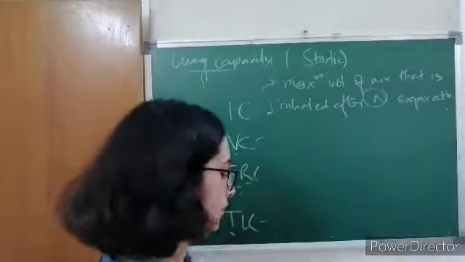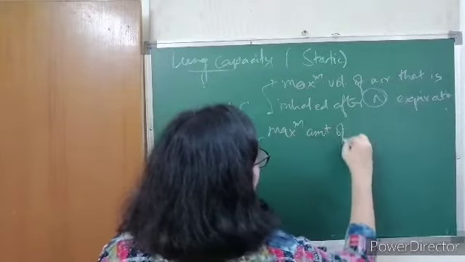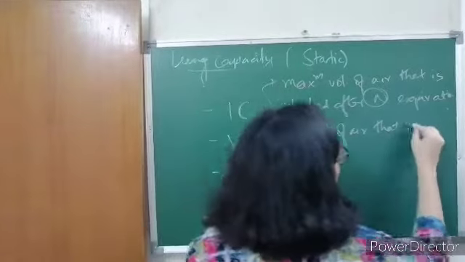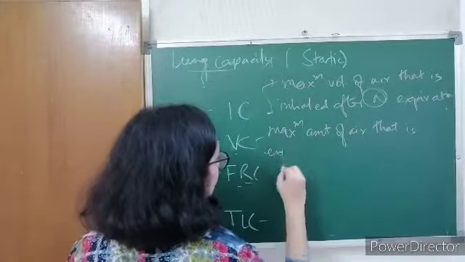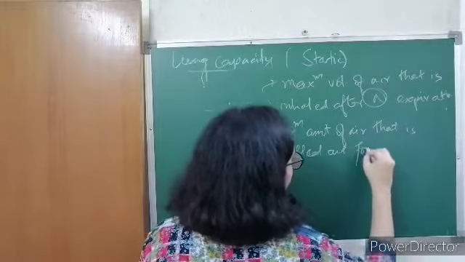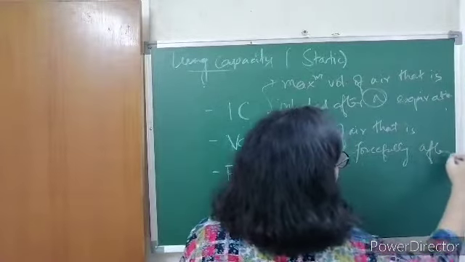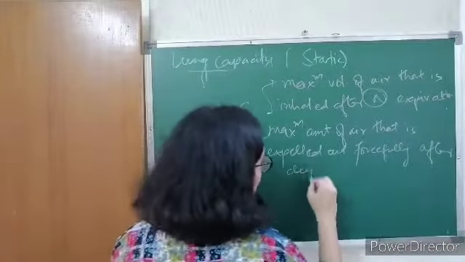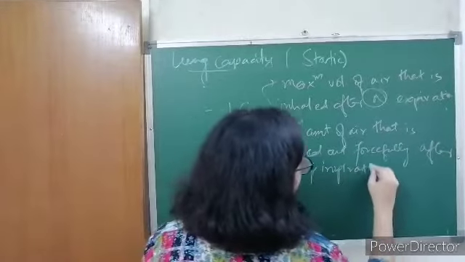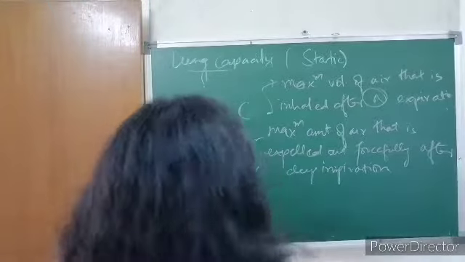So what is VC? It is the amount of air that is expelled out forcefully after deep inspiration. Okay, so now FRC.